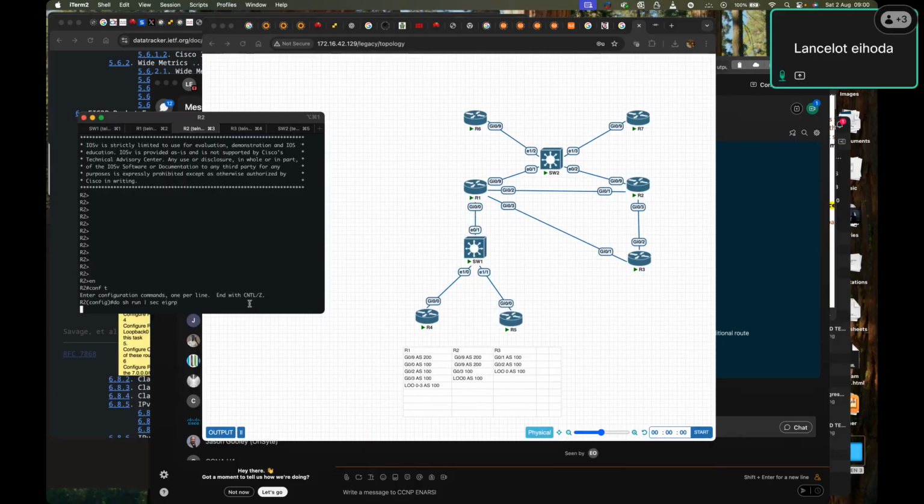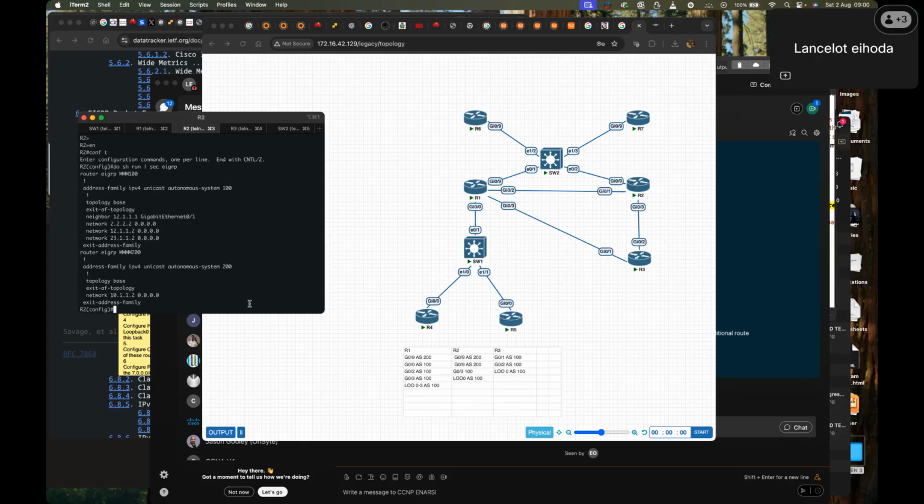Okay, so on regular EIGRP, when EIGRP connects to another box, it sends multicast on the popular IP address of 224.0.0.10. Regularly, that's how EIGRP speakers talk to each other. They use the well-known multicast of 224.0.0.10.